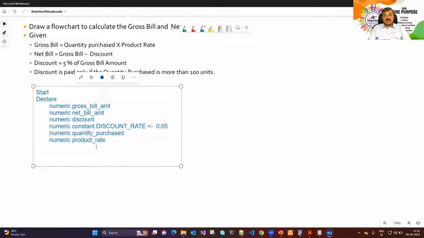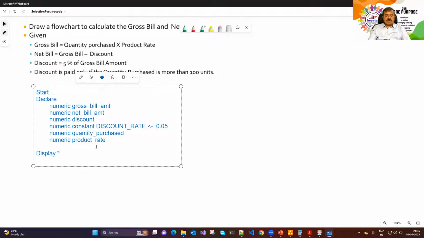Now we have to give the message to the user. So I'll say display. I could say print, but we'll use a consistent thing. We'll say display and accept. You could say print or input, output also. I'll rather use the word display. Make sure that is consistent. What is the message that I'd like to display?